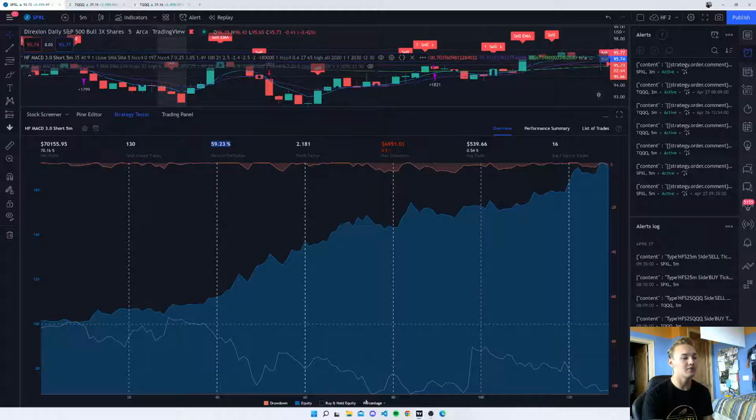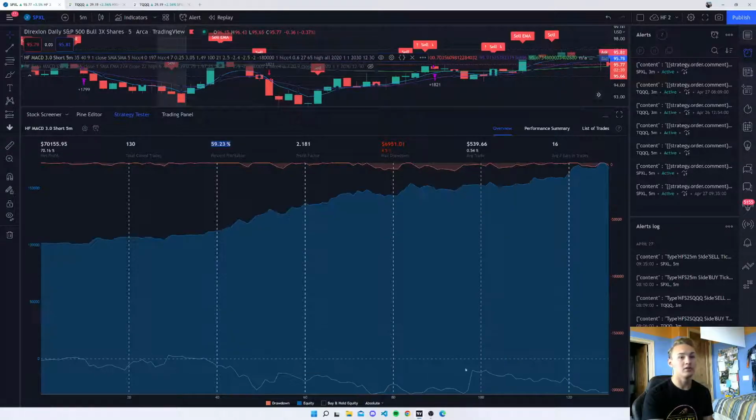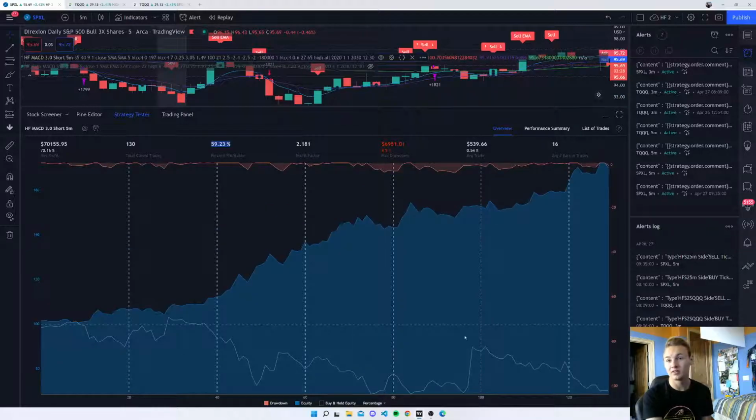If you were to do absolute, it would be on a dollar scale, and you can see it doesn't start at 0, it starts at 10,000. That's not what we want. We want it compared to the overall market it's trading in. So you can see the market's been going down and the strategy has been going up.